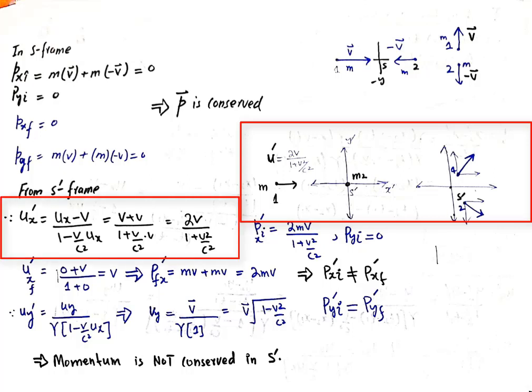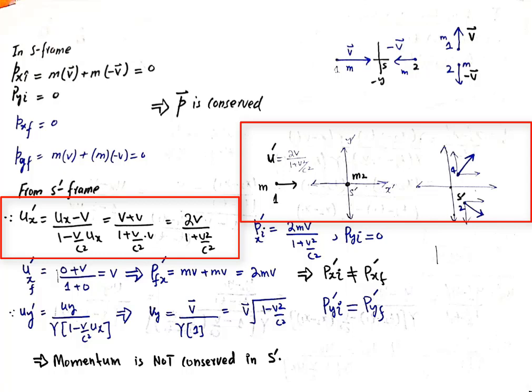The equation is u_x prime equals (u_x minus v) divided by (1 minus v u_x over c squared), where u_x is the speed in the x direction in the unprimed frame and v is the frame velocity.